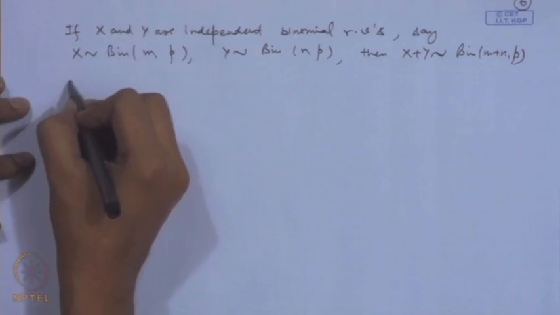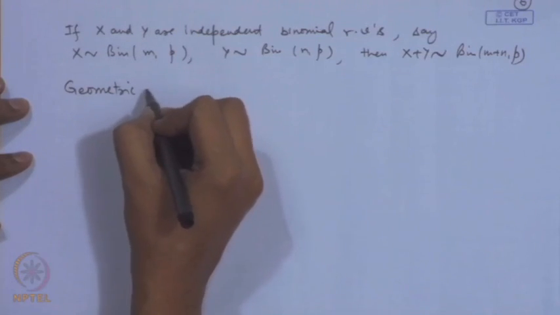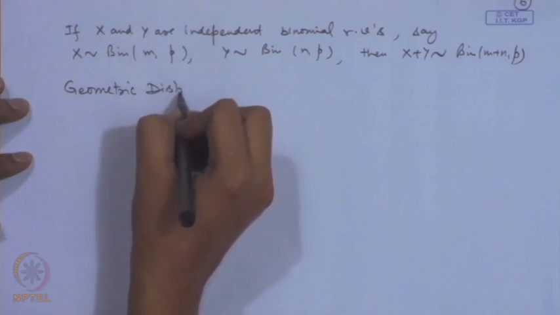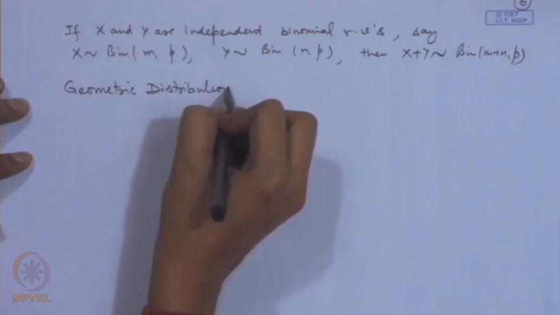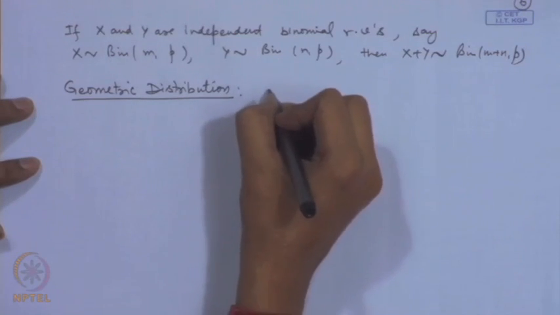Now, in the Bernoulli trials, we can also look at it in a different way. We introduce what is called a geometric distribution. Now, what is a geometric distribution?